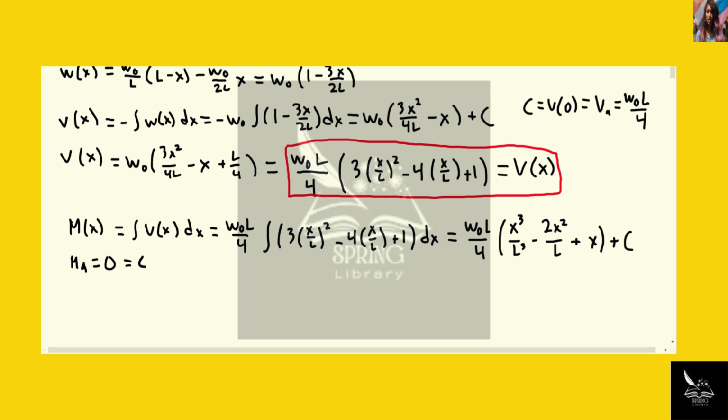So we can write our M of x as the following, where we'll factor out another L: W0 L squared over 4 times x over L cubed minus 2 x over L squared plus x over L. And that will be our expression for M.